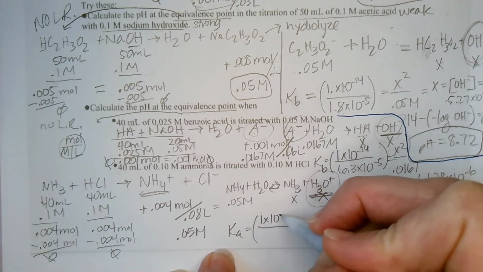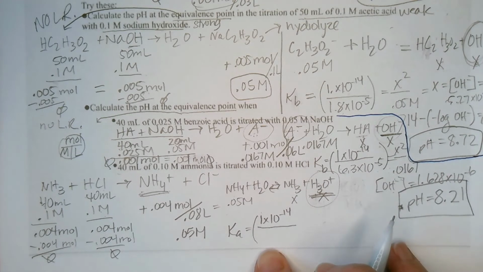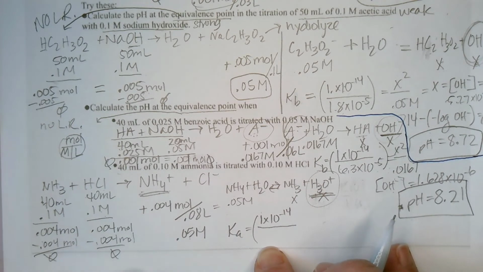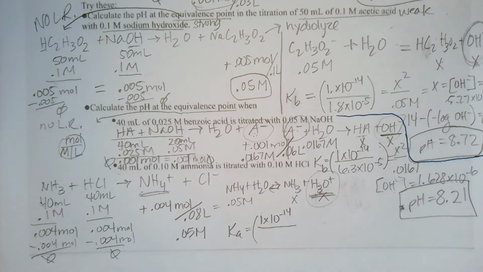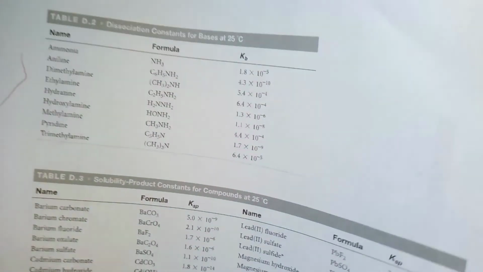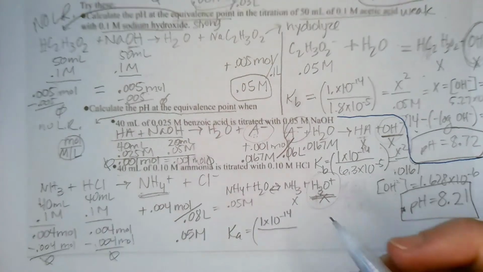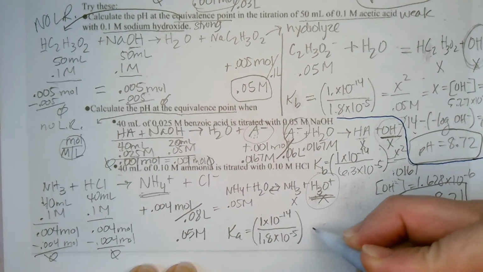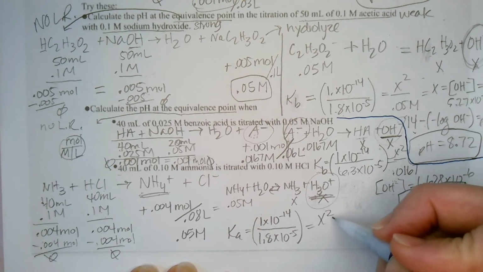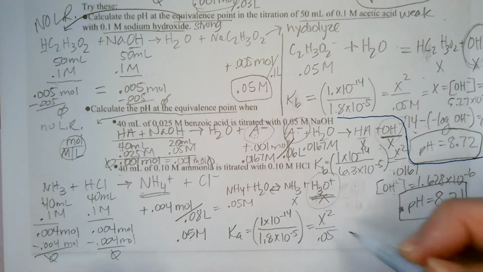So 1 times 10 to the negative 14 divided by ammonia's Kb, which we look up in appendix D, is 1.8 times 10 to the negative 5. And that's going to be equal to x squared over 0.05.